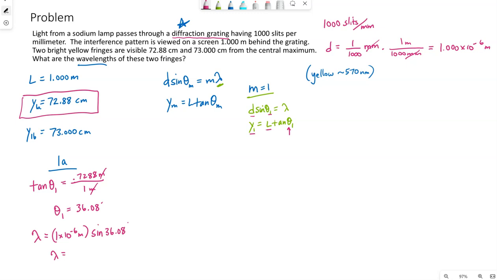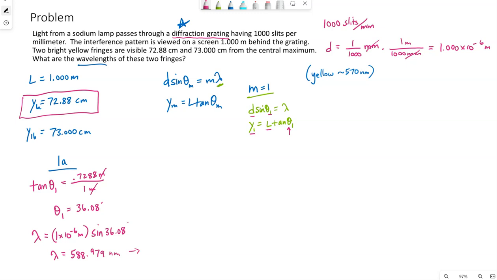So let's see what wavelength we get. Sine of that angle times 1 times 10 to the -6. So I'm getting 589, and I can go to 4 digits. Technically, I'm getting 588.979 nanometers.